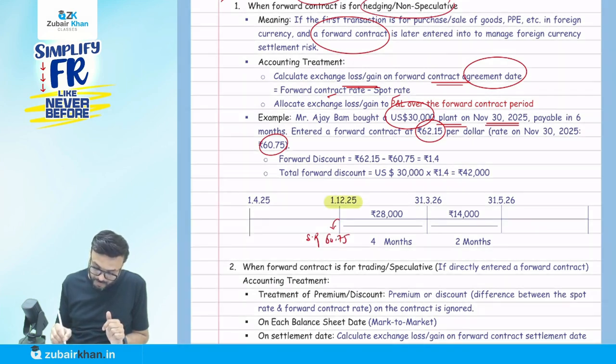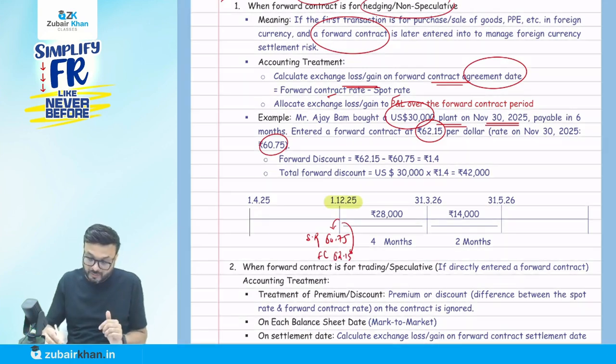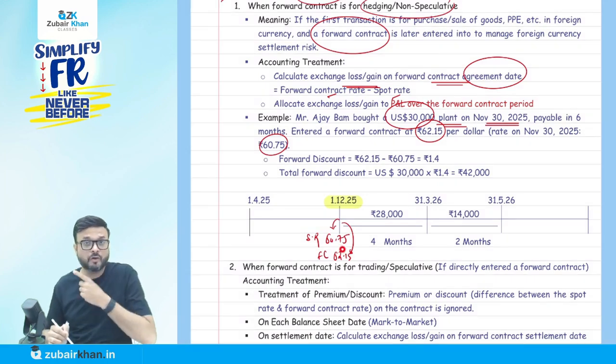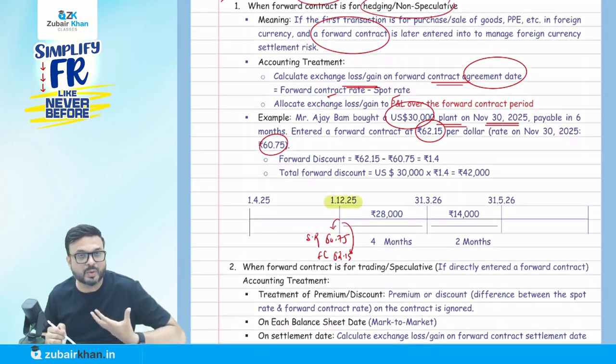I enter into a forward contract here, and the exchange rate is 62.15. So what is going to happen is that instead of paying 60.75, we are going to pay 62.15. I know I am at a loss, but at least I know how much the amount is.